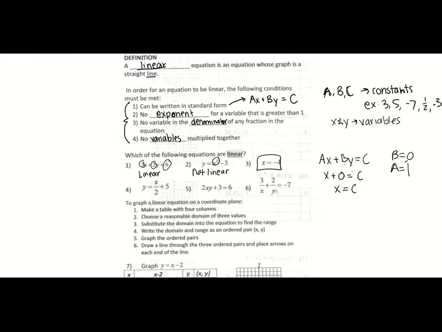That's what we have right here, x equals -4, our c is -4. So that is in our standard form, so that is linear.